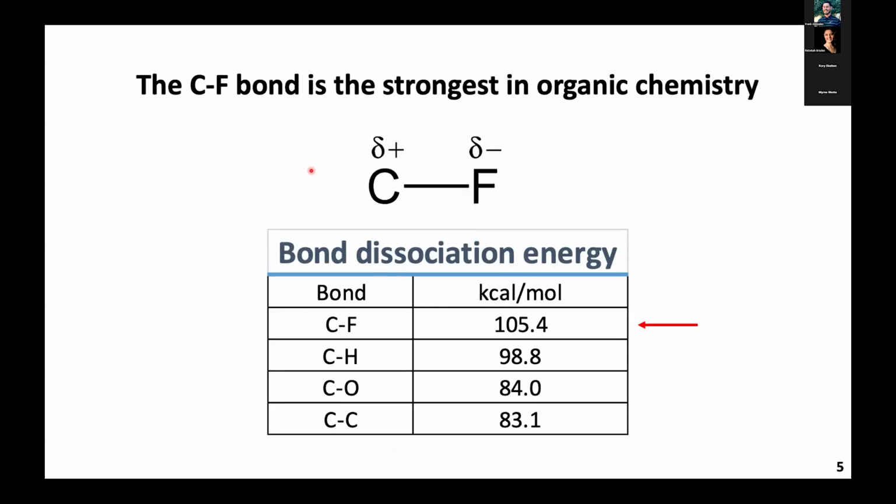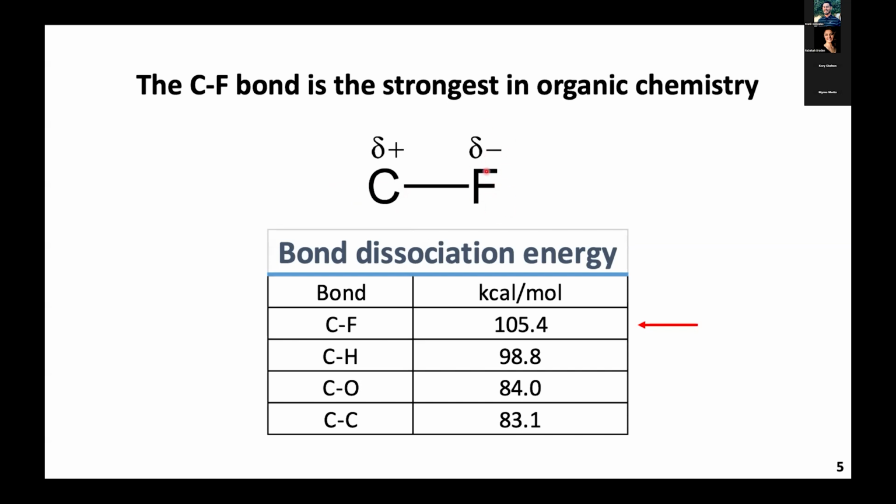Now, let's talk a little bit about why PFAS molecules are so persistent and therefore such a problem. They are called the forever compounds because they don't break down at all, or at least not readily under normal environmental conditions. And one of the reasons is because of the C-F bond. You can see, as I represented it up here at the top, it's a very polar bond, where the F contains most of the electron density.